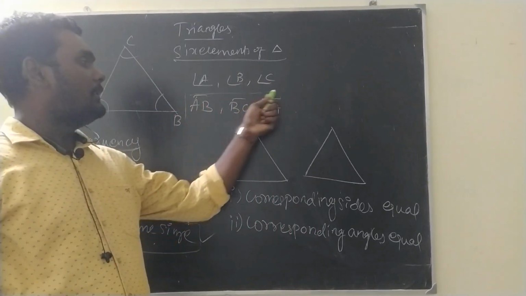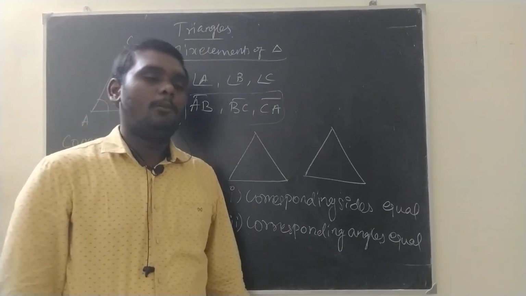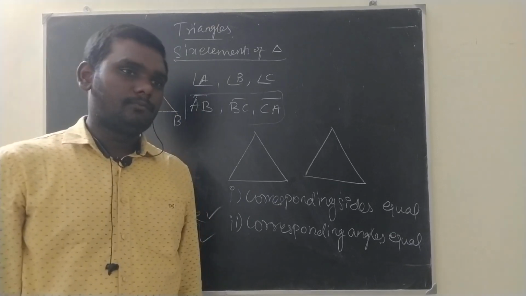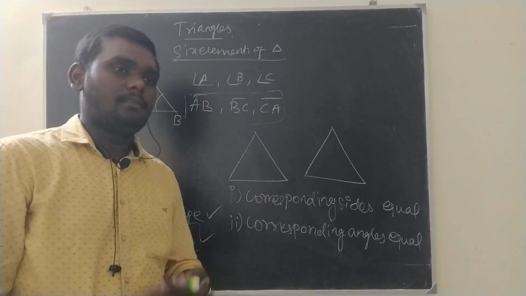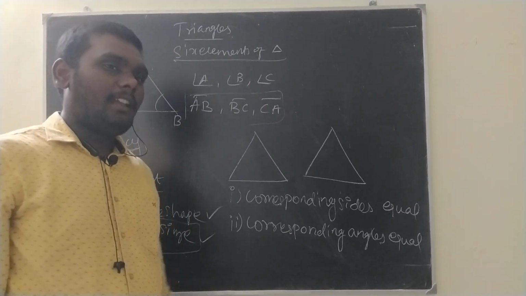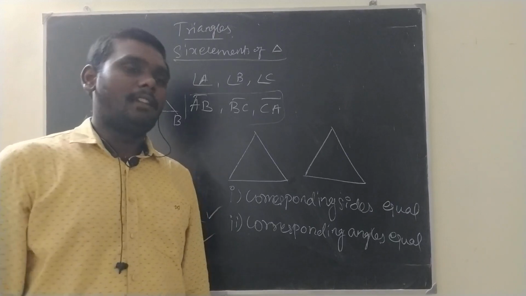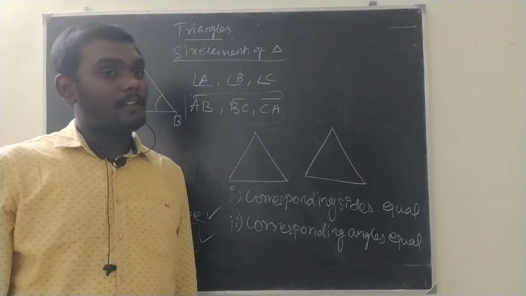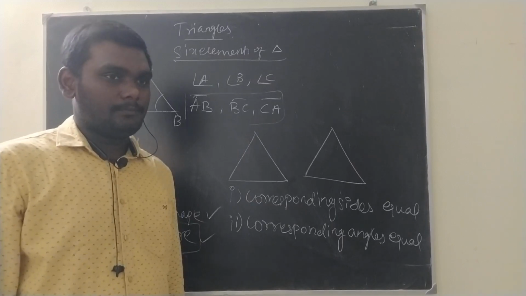Look at these 3 elements. And when I say corresponding angles, how many angles are we talking about? 3. So whenever we compare two triangles, we should compare the 6 elements of both triangles, and those 6 elements should come out equal. Only then can we say the two triangles are congruent.